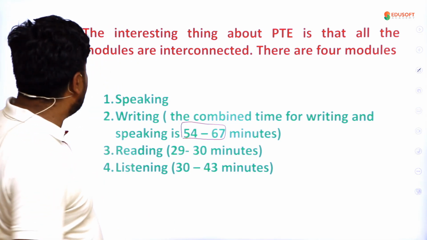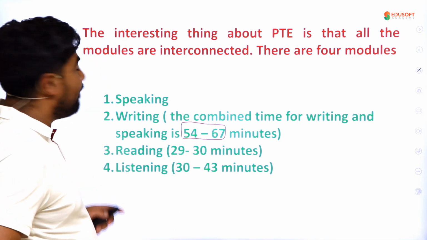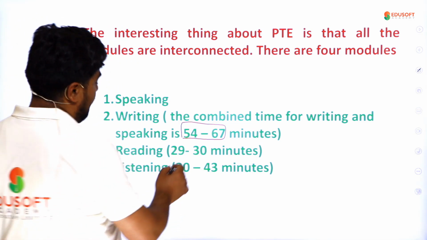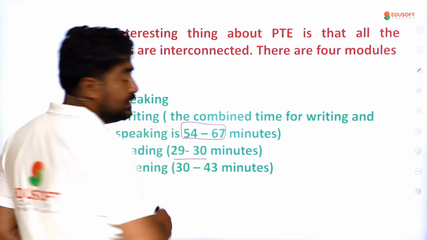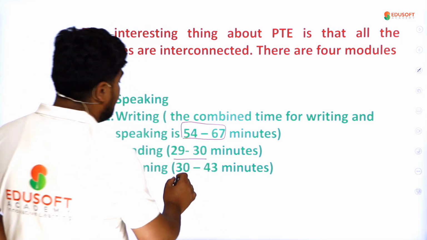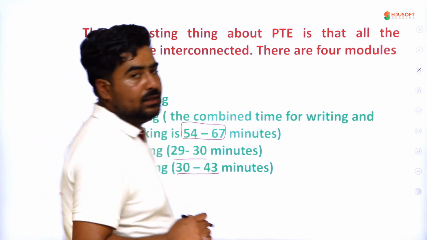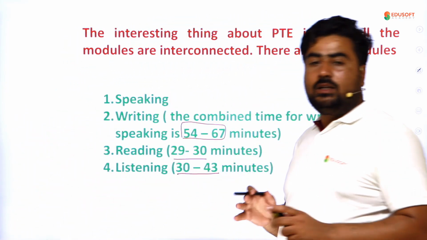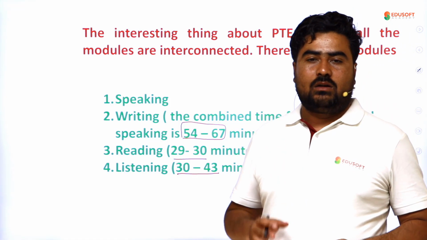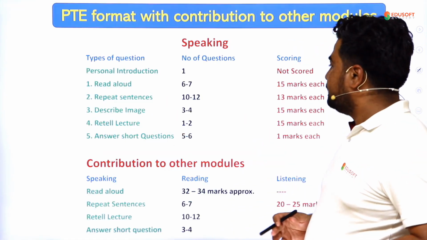Reading has half an hour, 29 to 30 minutes straight, and for listening you'll get 30 to 43 minutes, and as a whole you will have 2 hours of exam duration.